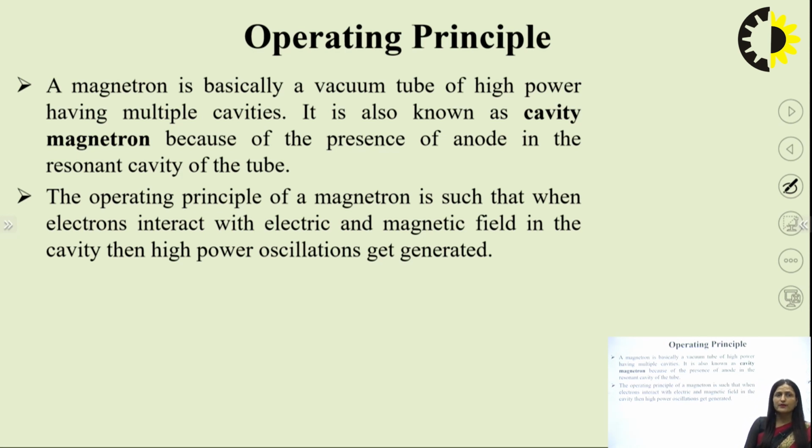The operating principle is such that when the electron interacts with the electric and magnetic field in the cavity, high power oscillations get generated. Because of the interaction of electrons with the electric and magnetic field, microwave signals are generated. These high oscillation signals are called microwave signals here.